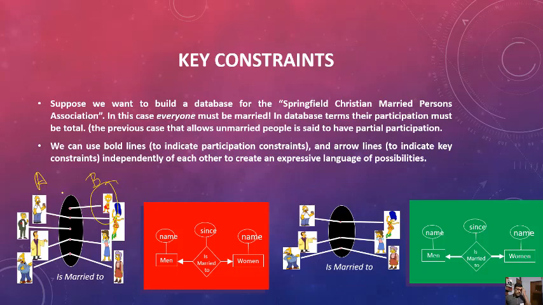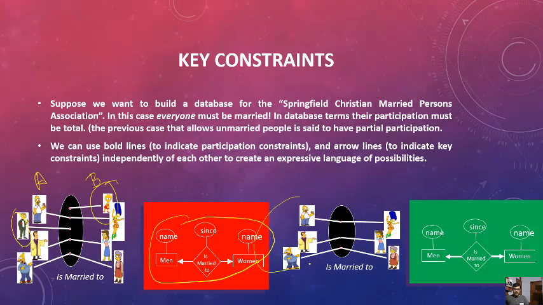But here we are saying that this type of idle entities should not be present in an entity set. So any participant in this entity set should be associated with some entity of group B, the group B entity sets.